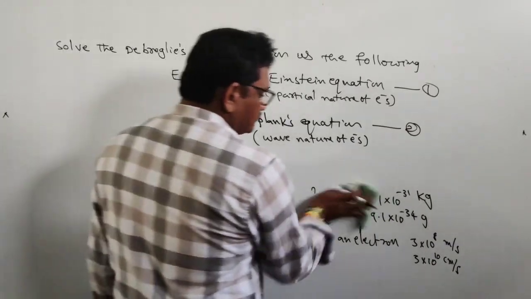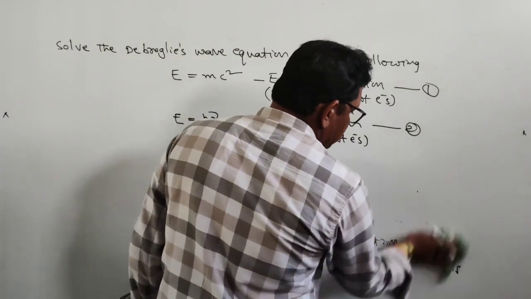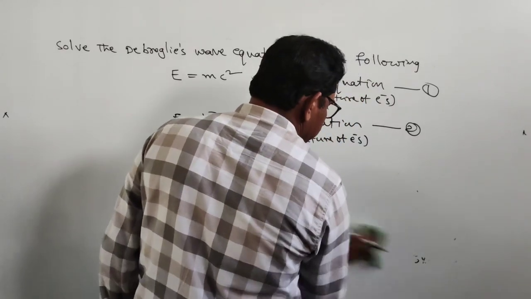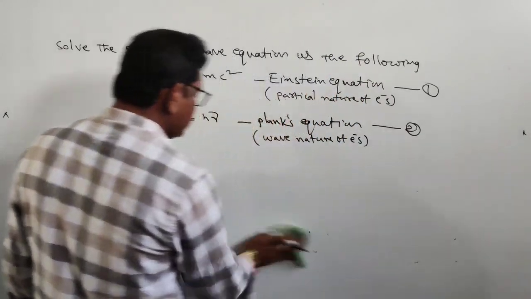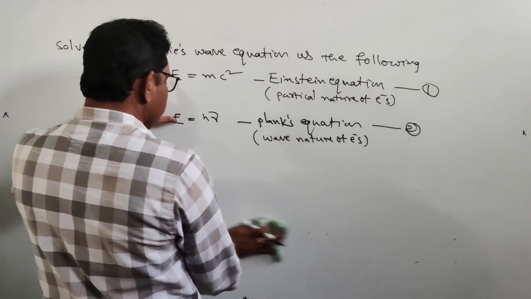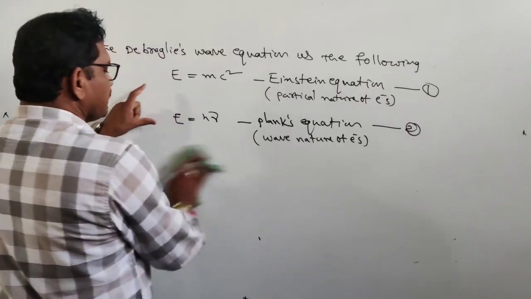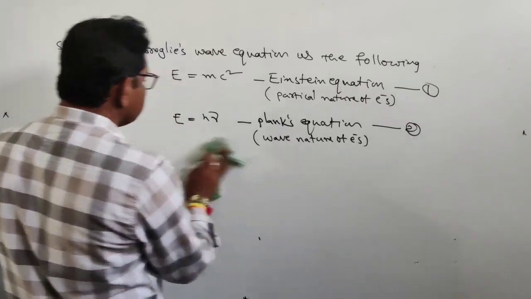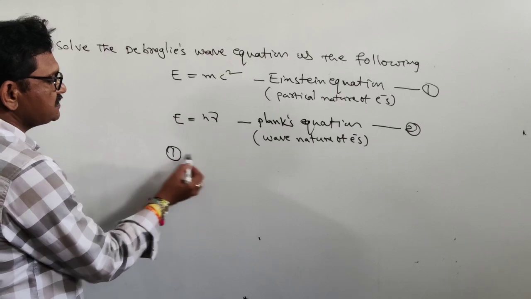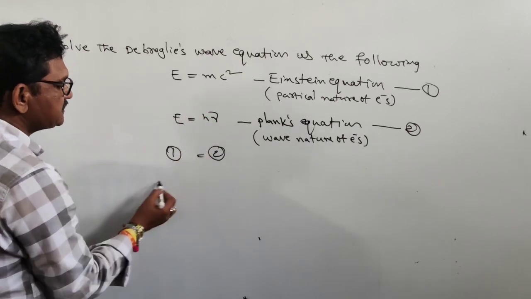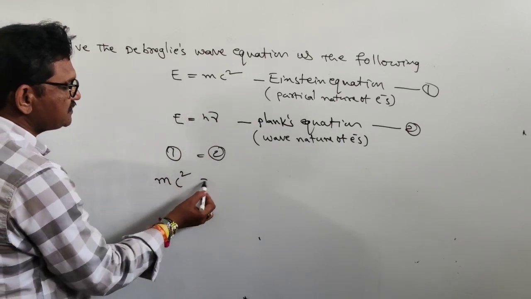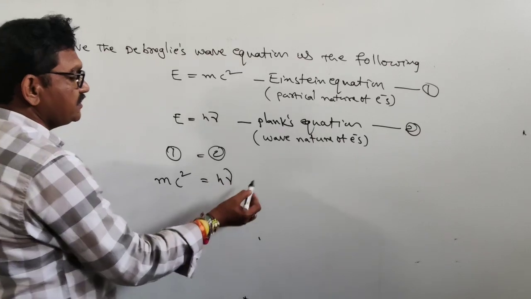Then equation 1 is equal to 2. Everyone knows the simple one, because in both relations the common term is energy, E. That's why equation 1 is equal to 2. See here, mc square is equal to h mu.